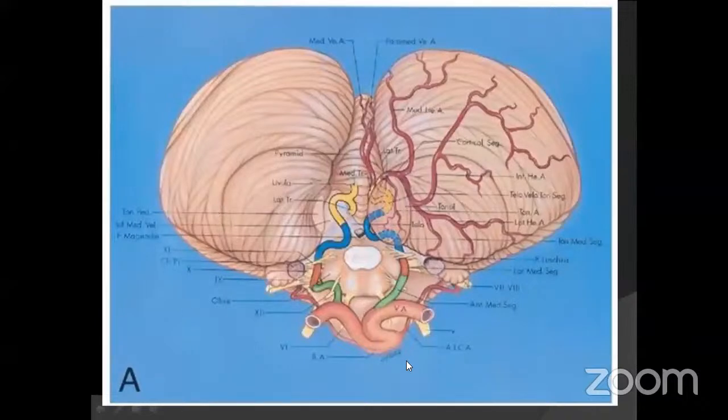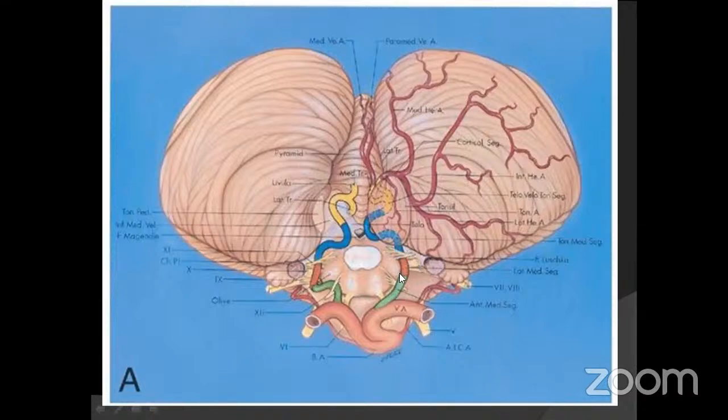Starting with simple dissections, as we can see here, this is a diagrammatic illustration of the anatomical correlations of PICA. We can see the two vertebral arteries joined together to form the basilar artery. As we can see, PICA arises from the vertebral artery. This is the right side and this is the left side. The colored parts are the segments that we are going to discuss later in the same lecture.